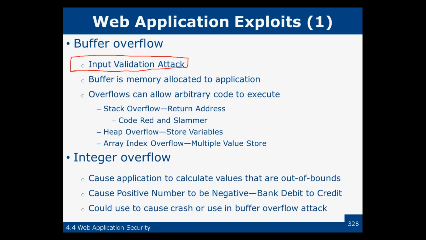So validation checks to be sure that the input is something reasonable within the bounds, and that's why the integer overflow calculates values that are out of bounds. The out of bounds would be the parameters that would be allowed values. And if we had input validation, if we got one of those out-of-bound values, it would then reject it.